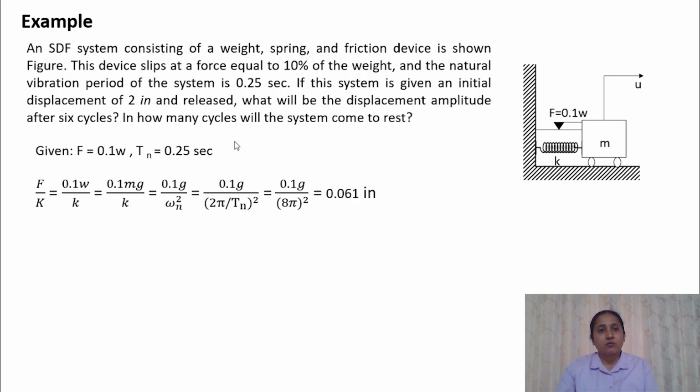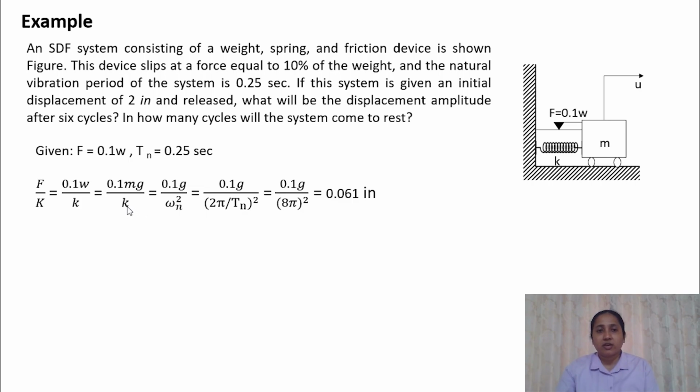So we can calculate the value of F/k. F is 0.1 multiplied by the weight, and k is the stiffness of this spring. The stiffness is not given, but we have the mass, the weight, and the natural frequency. So we can rewrite it as 0.1 m g divided by k.